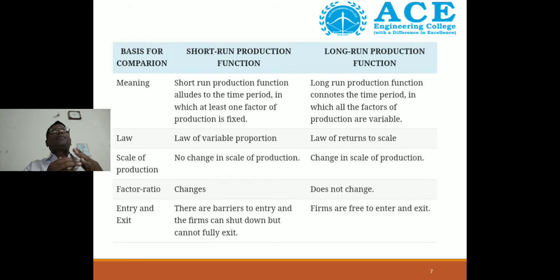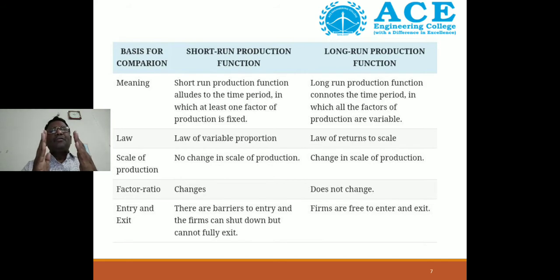All these 4 factors are variable in the long run, whereas in the short run production function, only labor is variable. The remaining 3, land, capital, organization, are constant. Only labor is variable. Whereas in the long run production, all the 4 factors are variable.